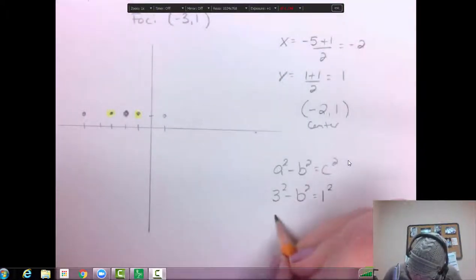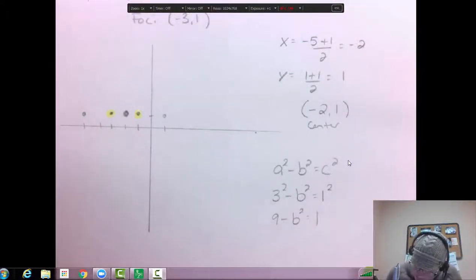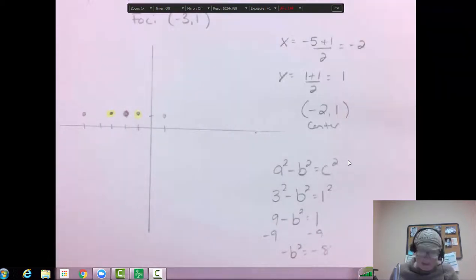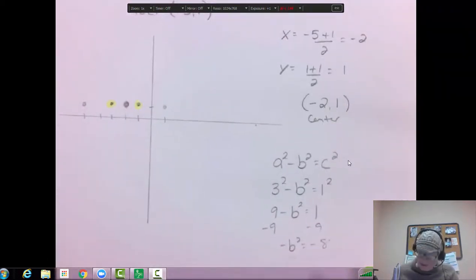So 3 squared is 9. 9 minus b squared equals 1. Subtract the 9 over. Be careful, the negative goes with the b squared. That's going to equal -8. To get rid of the negative, divide both sides by -1. So you have b squared equals 8.